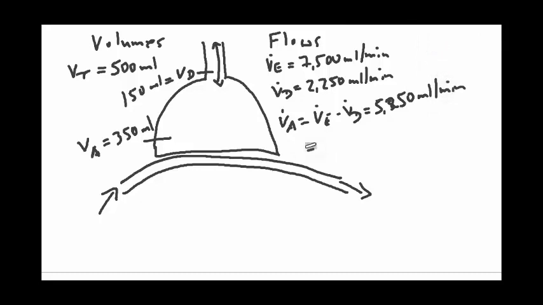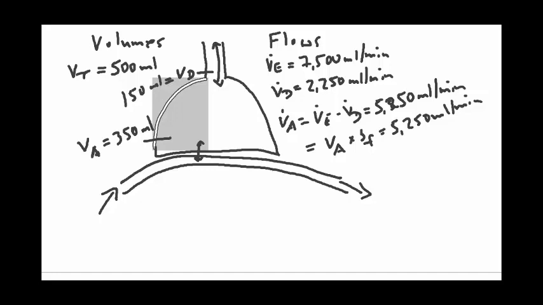Or we can do alveolar volume times breathing frequency. And that gives us exactly the same thing. So the alveolar ventilation is the volume of air that can participate in gas exchange down here from the lungs into the bloodstream.